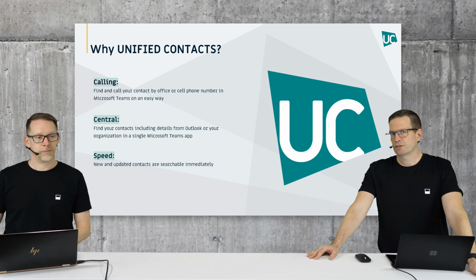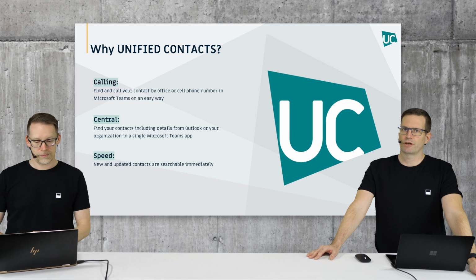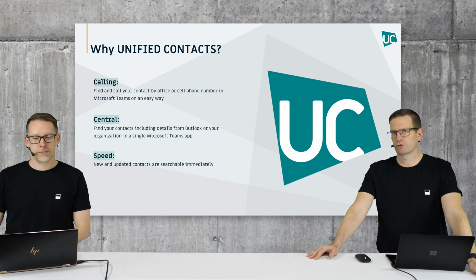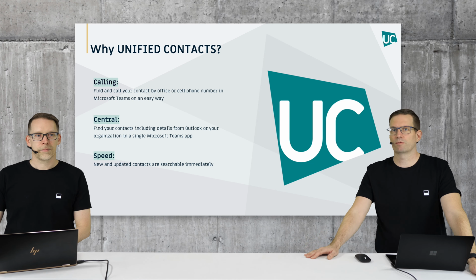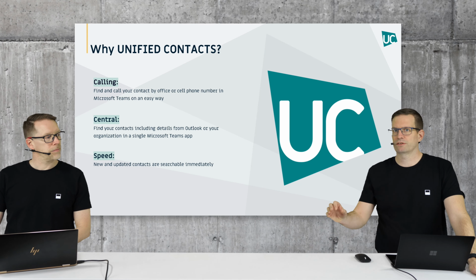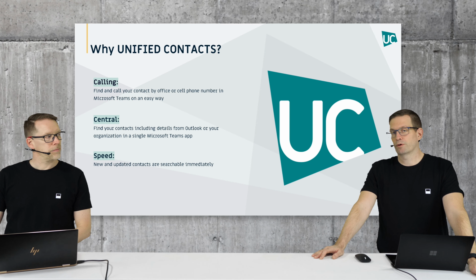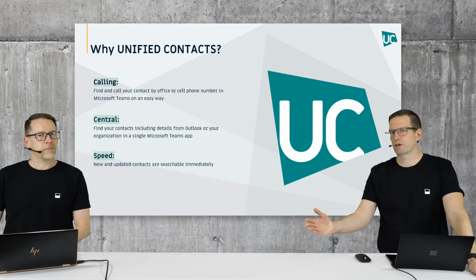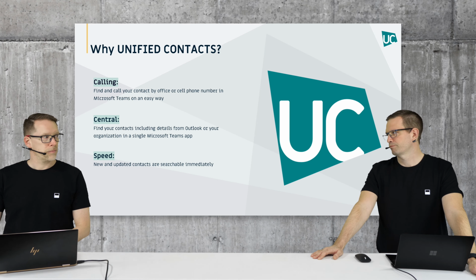If you have a Microsoft Teams phone system deployment, you already know that Teams is a great tool to collaborate, but here and there it can be challenging to find the right contacts, or if you find them, to select the right number to dial. For example, if a contact has a telephone number and an office number, it's not so easy to explicitly dial the cell phone number, and here UnifiedContacts can help you.